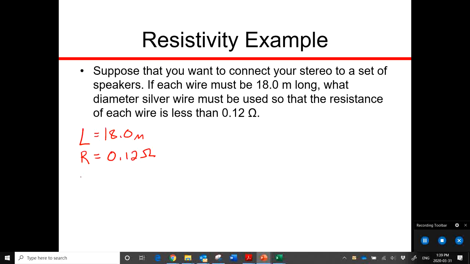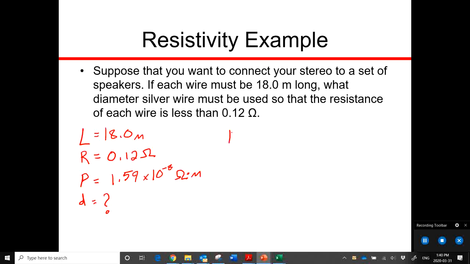And we're dealing with silver, so if you use the previous table, the resistivity value for silver is 1.59 times 10 to the negative 8 ohm meters. And our goal here is to find the diameter of the wire. Okay, so to find the diameter, using the values we're given, we can start by finding the area of the wire.